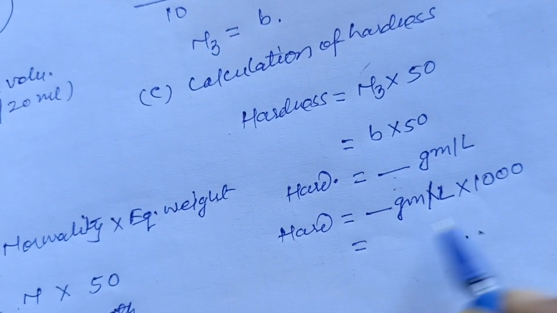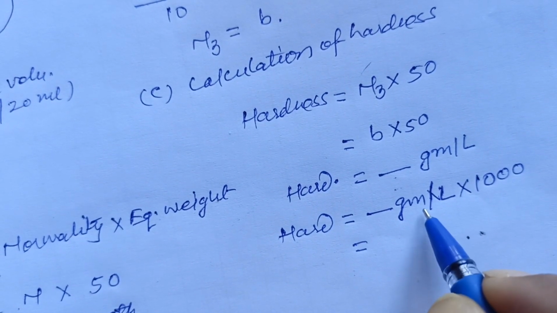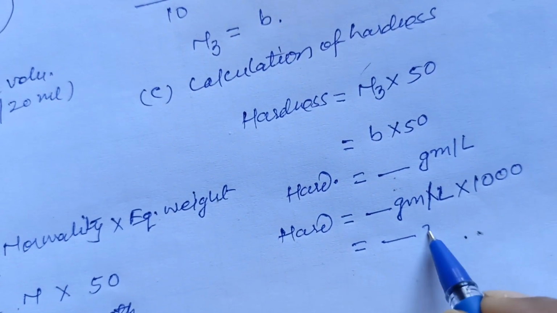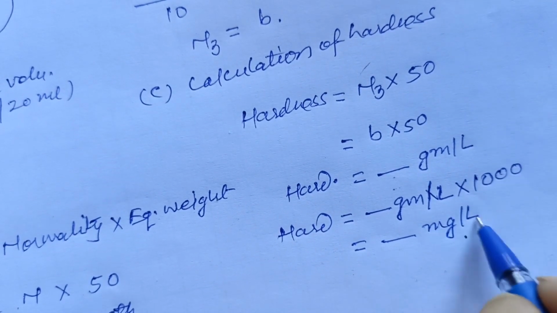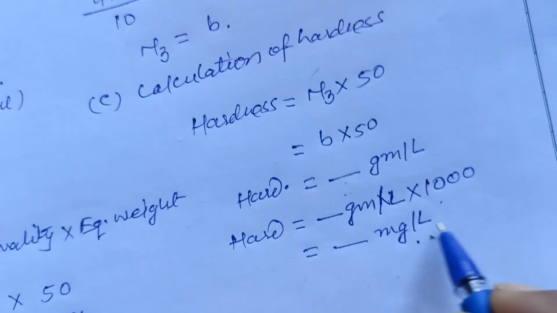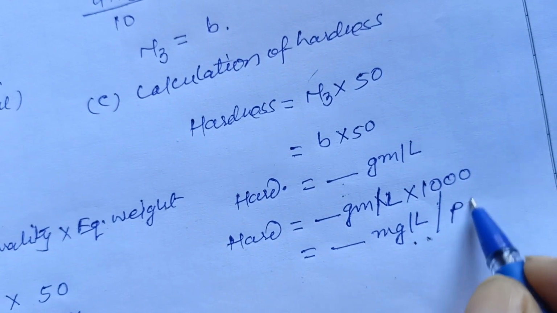After multiplying by 1000, you get the answer in milligrams per liter, which is also called parts per million.